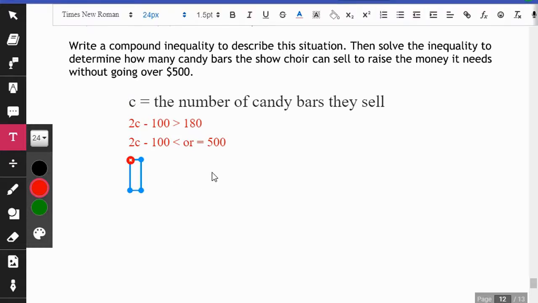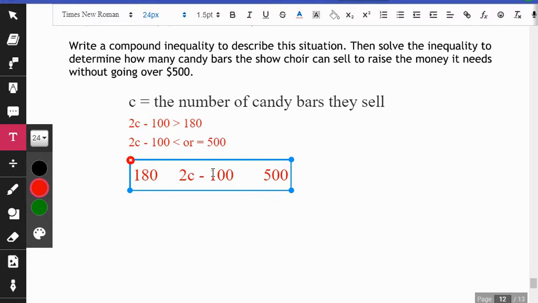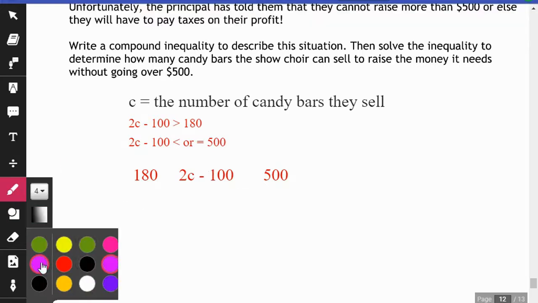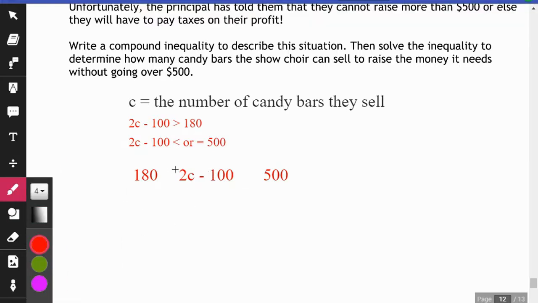2c. Well, actually, 180 is the least they have to make, right? It has to be less than 2c minus 100, which has to be less than or equal to 500. Let me write in the less than or equal to's so you can see what I'm looking at here.